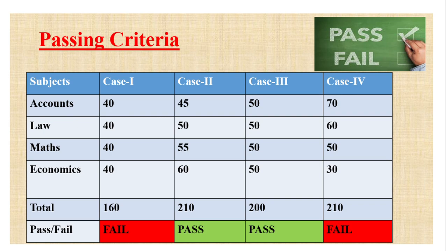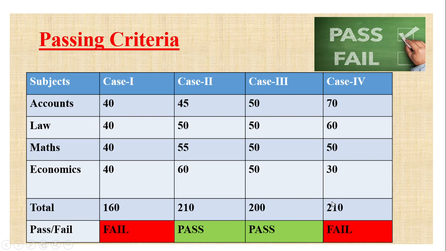But the case 4 is a bit different one, and this is where many students get stuck to qualify the exam. Here we can see the student qualified with minimum 40 marks in first 3 papers, that is accounts, law and mathematics, but student failed to score minimum 40 marks in the economics paper.